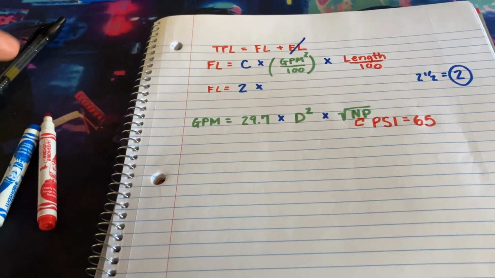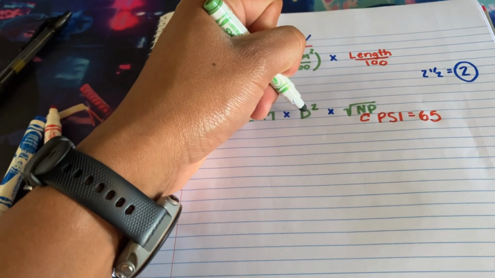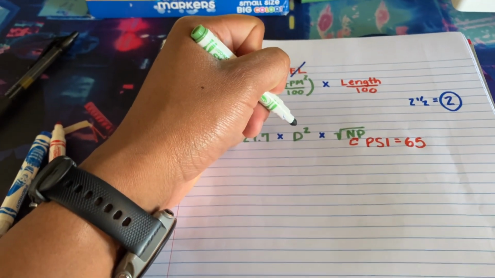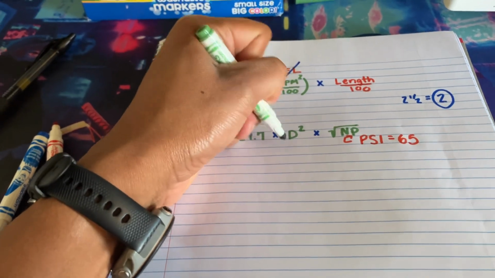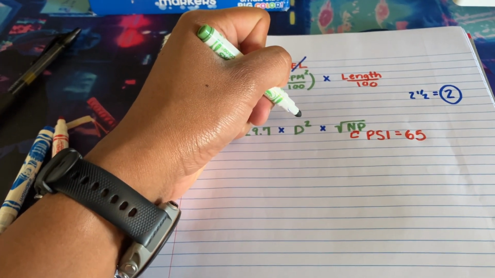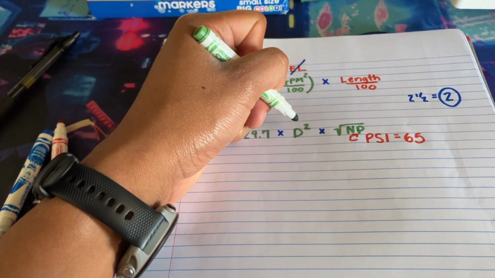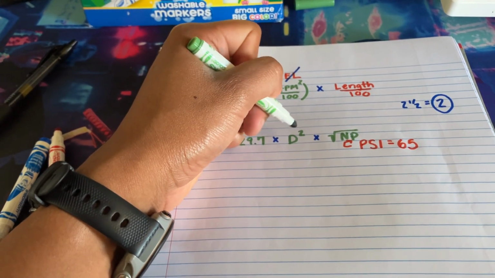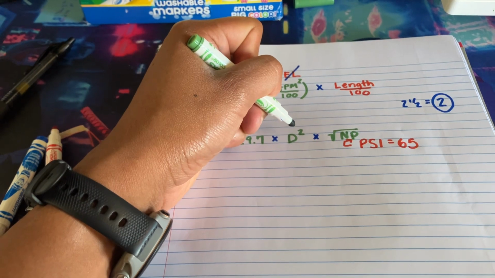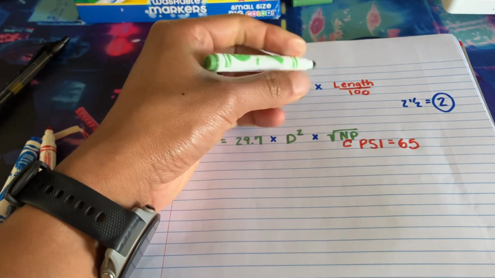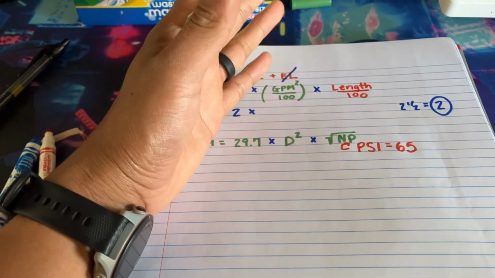And when we talk about the diameter, we're not talking about the diameter of the hose. We're talking about the diameter of the nozzle. I'm sorry if that's confusing.